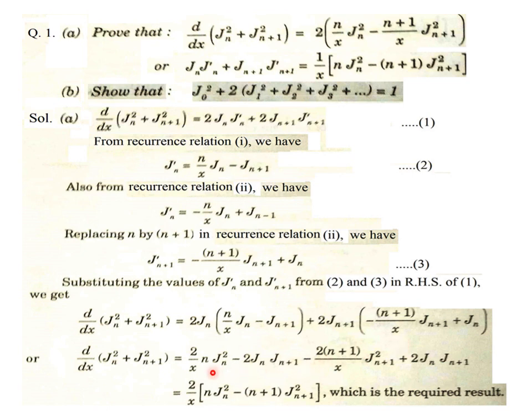Now you multiply 2 Jn with both these terms, and 2 Jn plus 1 with both those terms. You can check that minus 2 Jn Jn plus 1 and plus 2 Jn Jn plus 1 cancel, and 2 by x is common in the remaining two terms, and then it is nothing but the required right hand side of part A. We started with the left hand side, and we reached the right hand side.